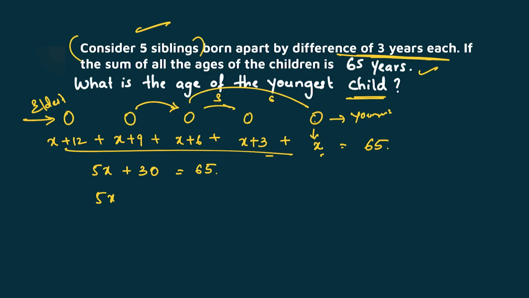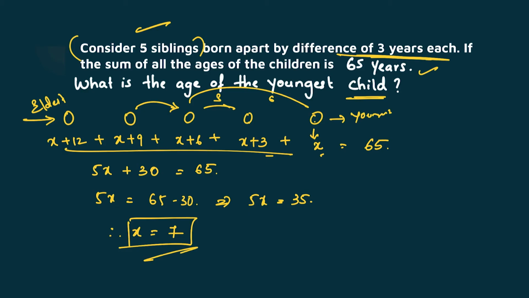So 5x is equal to 65 minus 30, which is 5x equal to 35, and therefore the value of x is equal to 7. We have considered x as the youngest child's age. So the age of the youngest child is 7 years.